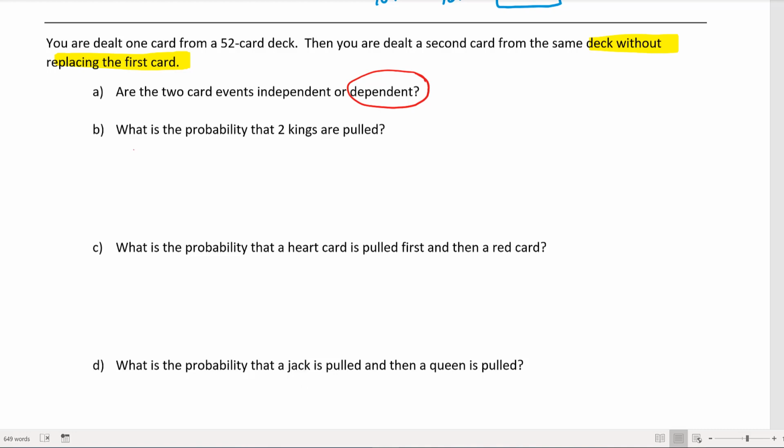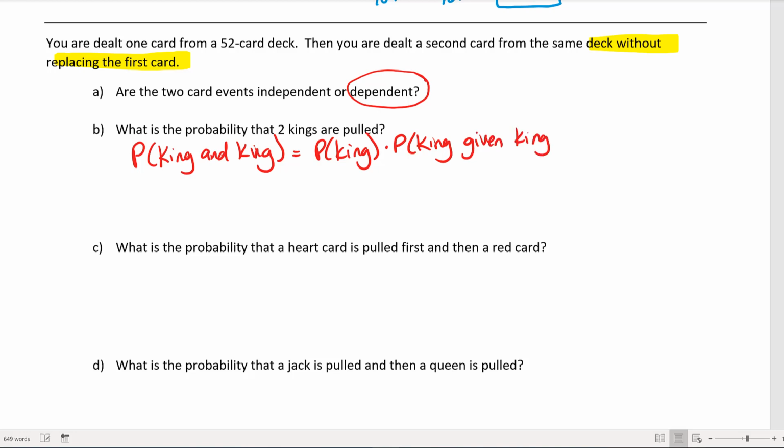So we have the probability of a king and then another king is equal to the probability of king for the first pull times the probability of a king given a king was already pulled.